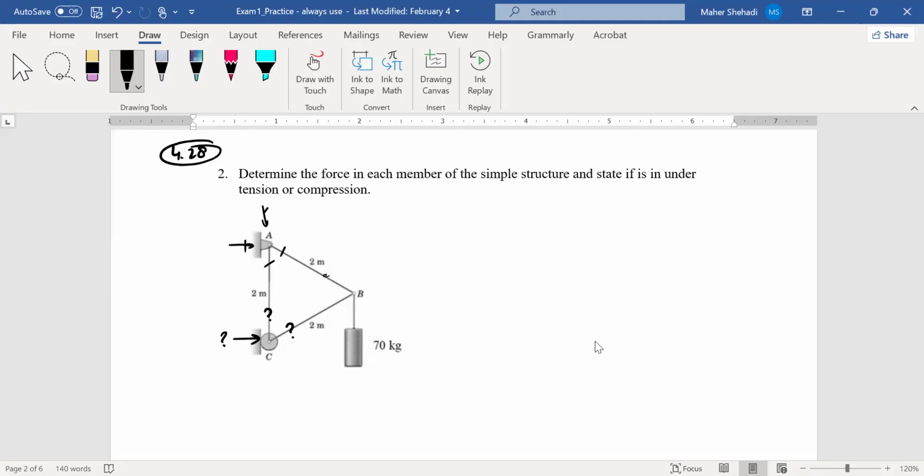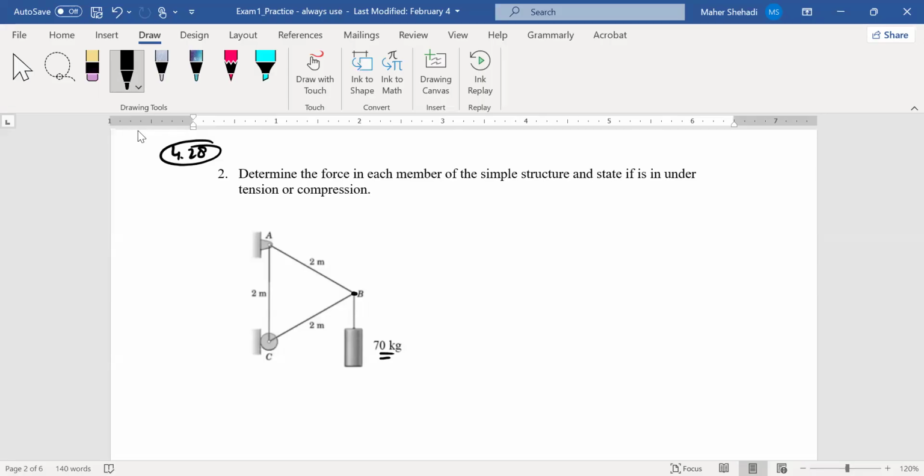And usually we try to avoid solving for the reaction forces and then start solving, if there are any other ways to solve for what you're asked to solve for. That actually leaves us with only one option, which is point B, but we'll do more of these in the truss, the next chapter. Why? Because point B is right here. I have this one, which is connected to the 70 kilograms.